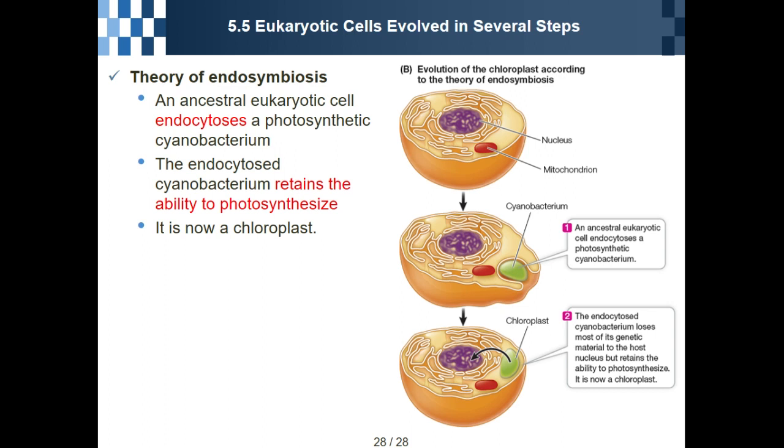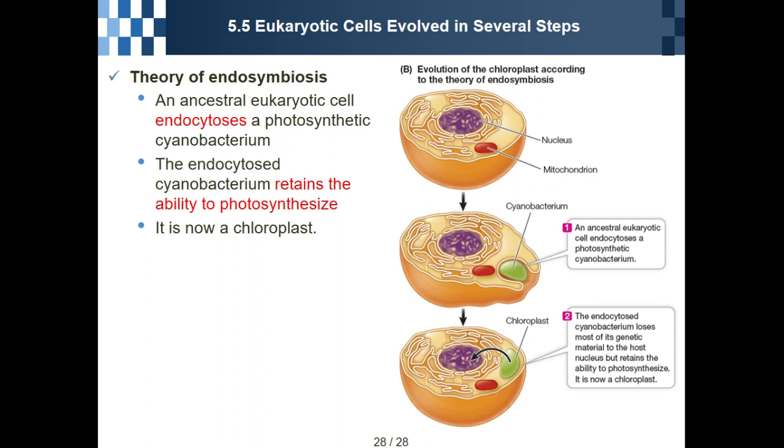So maybe some eukaryotic cells endocytosed photosynthetic cyanobacterium. The endocytosed cyanobacterium retains their ability to photosynthesize. So now it becomes chloroplast. So this is our theory of endosymbiosis.